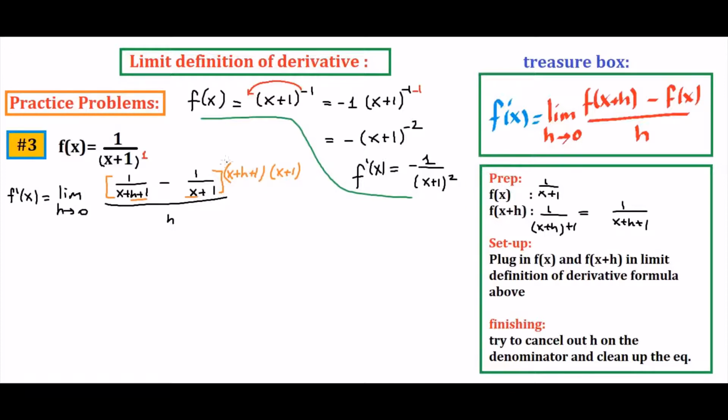So if I multiply this whole common denominator by the first fraction, I obtain this x plus h plus 1 cancels that. So 1 times x plus 1 is left from the first fraction.